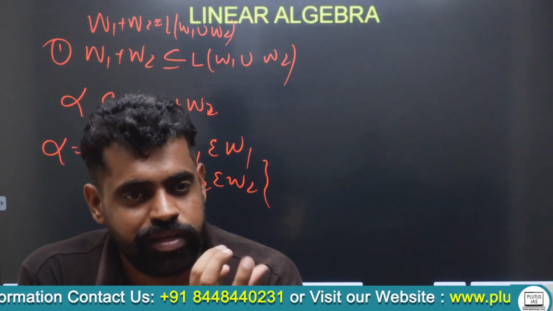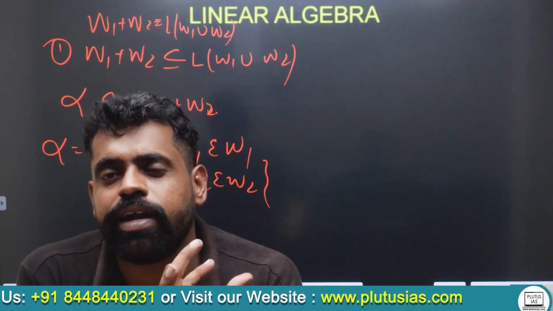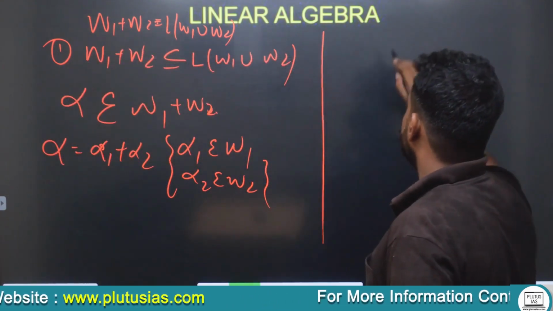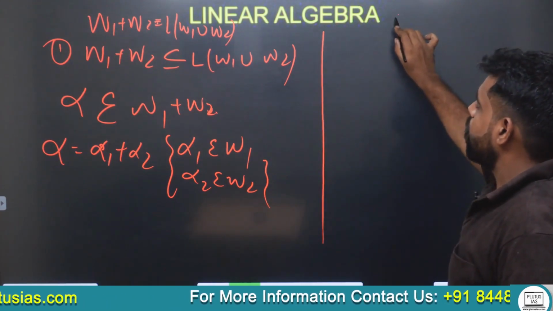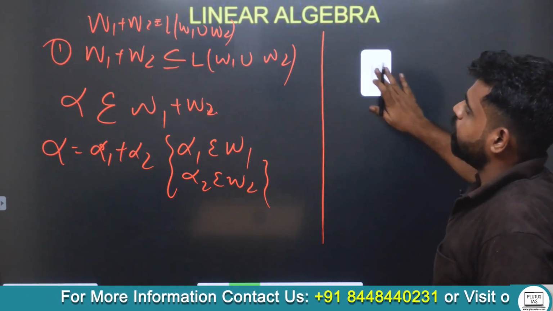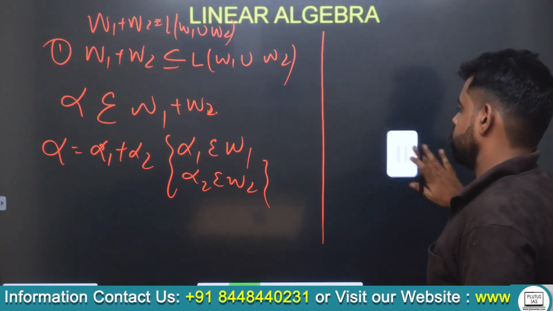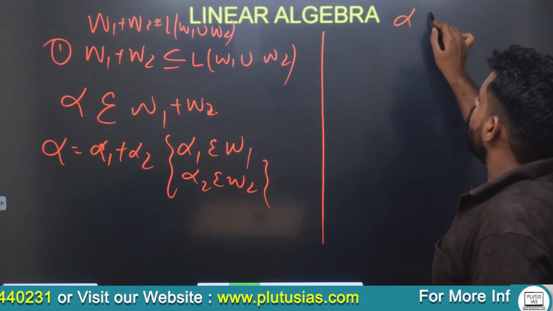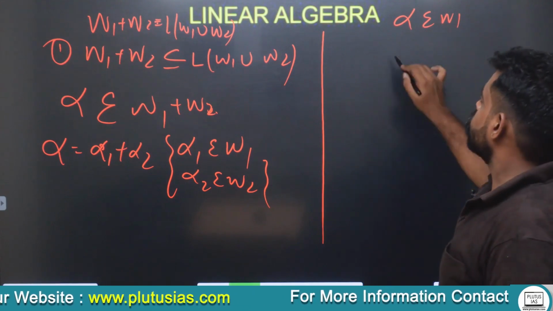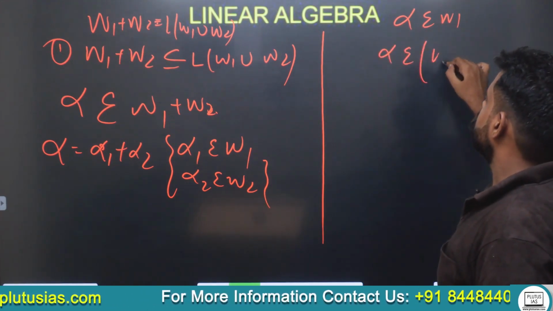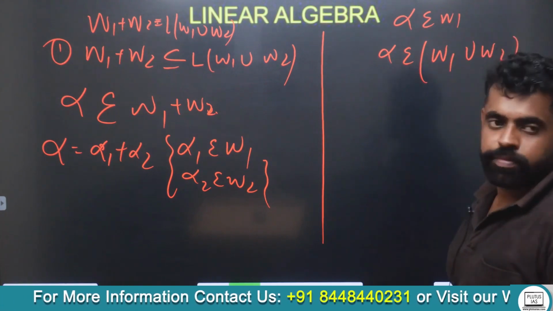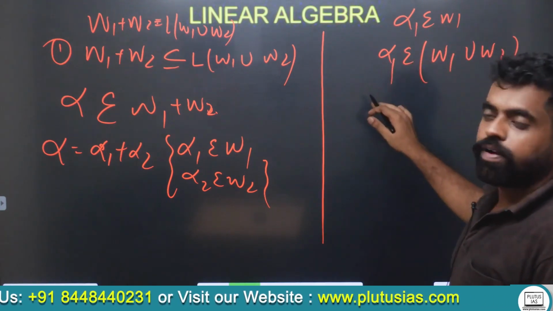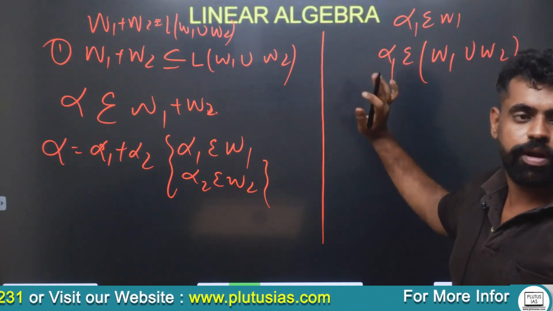ओके, अच्छा ये बताओ कि द जीरो एलिमेंट, ये तो हर सब स्पेस में होगा, नहीं होगा. जीरो एलिमेंट जो है, the additive identity element would be in everything. ओके, सो यहां एक चीज देखो, I say that alpha 1 belongs to W1, and alpha 1 belongs to W1 union W2.